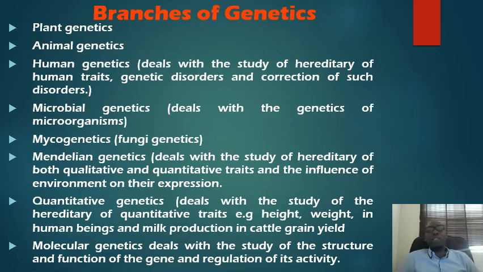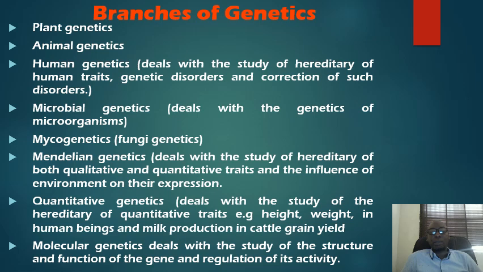Human genetics deals with the study of heredity of human traits, genetic disorders, and correction of such disorders. Microbial genetics deals with the genetics of microorganisms such as the bacteria. Mycogenetics deals with genetics of fungi, how fungi reproduce, how they pass on genetic traits from one generation to the other.